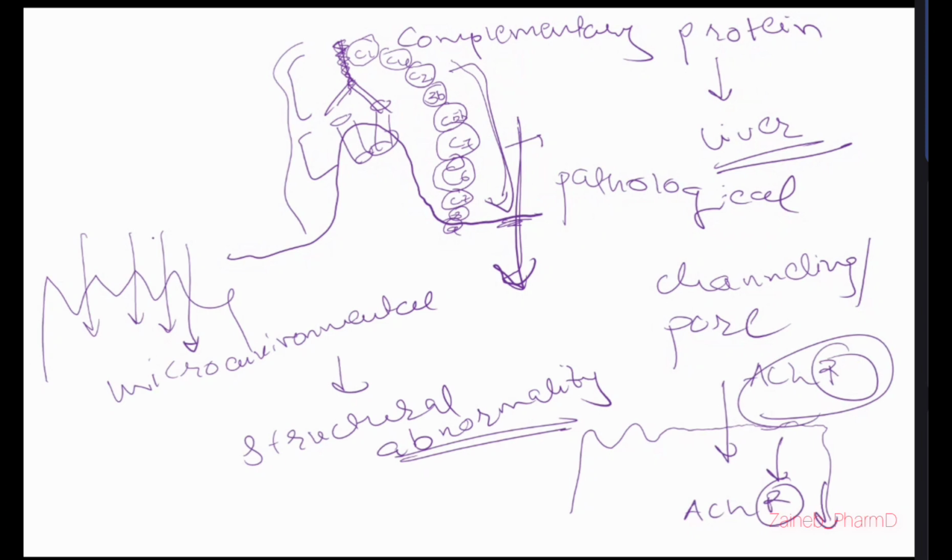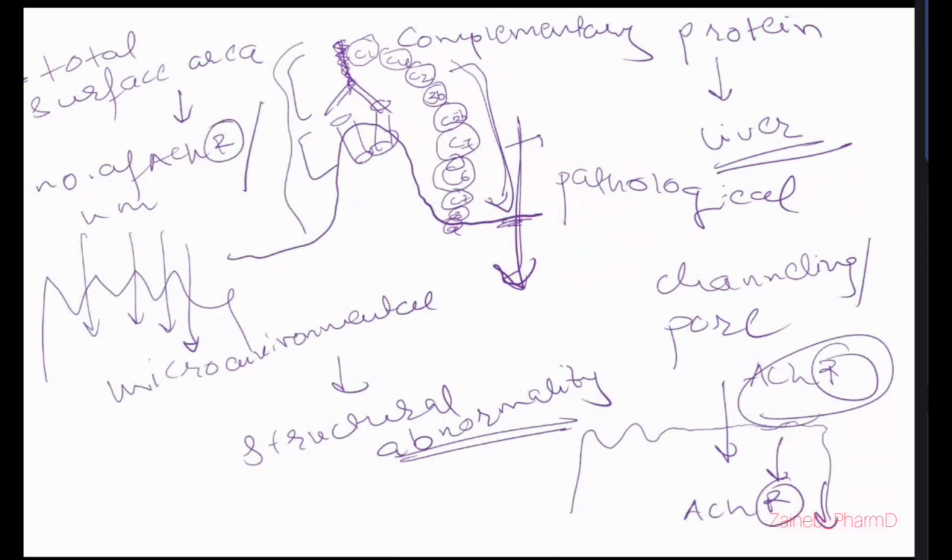Okay. So what three things happen over here? The first, the total surface area is reduced, right? The number of acetylcholine receptors per unit area is reduced, and also the gap between the presynaptic membrane and the postsynaptic membrane is increased.